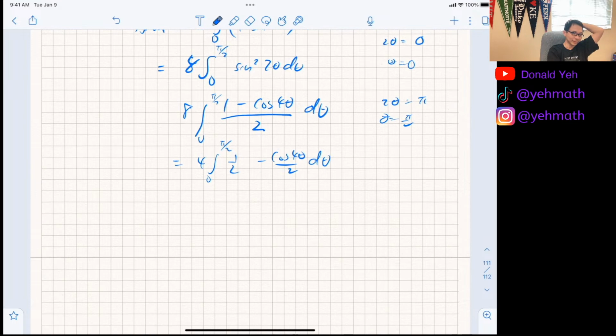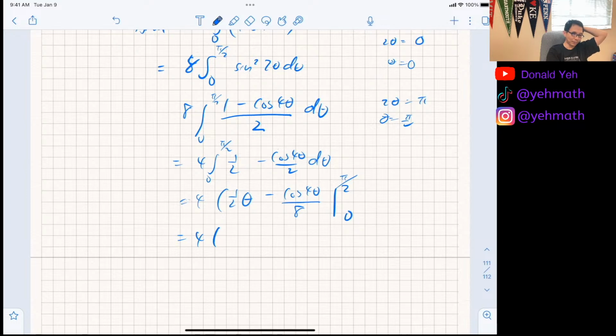Calculus, right? Okay, so then I'm going to do 4. This one is going to be 1/2 of theta, 6, you have an 8 here? Minus cosine of 4 theta over 8, between pi over 2 and 0.